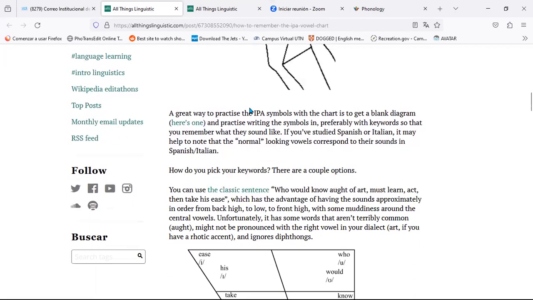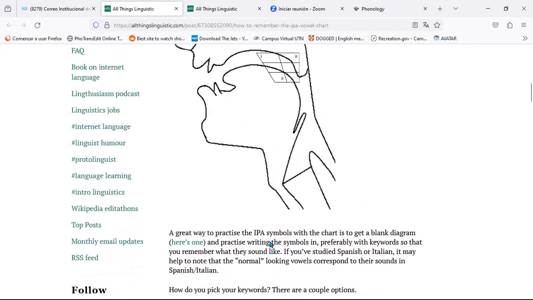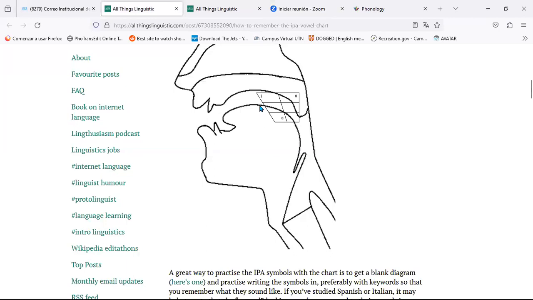Therefore, when we see these sounds, E, and here we're missing A. Oh no, this is A. It's just that they write it just with an E. E, A, A. This is because these vowels are made in the front of the mouth.